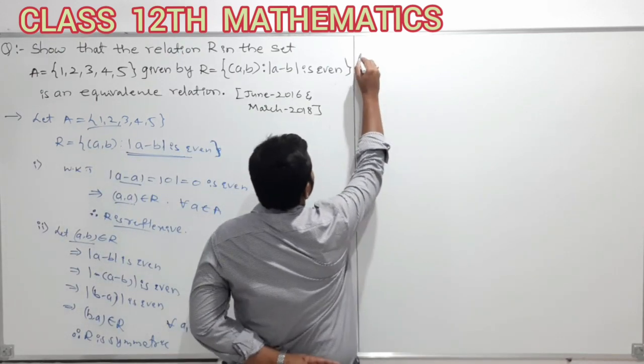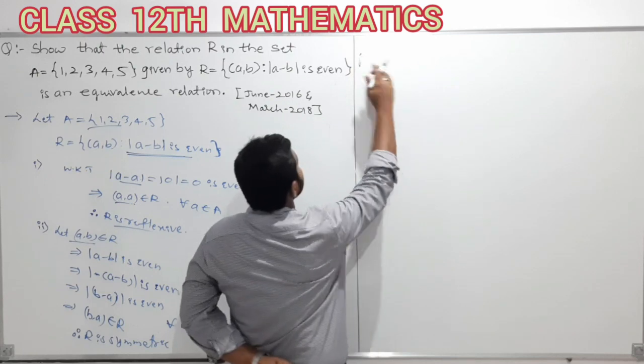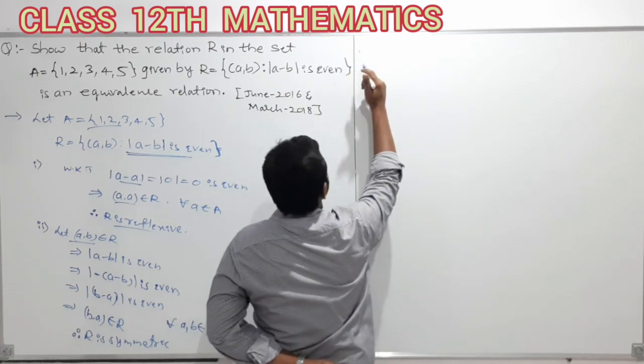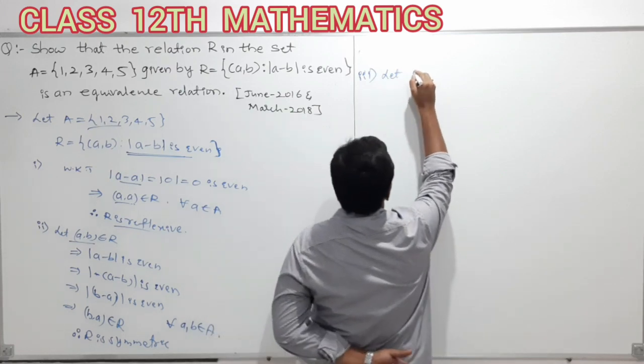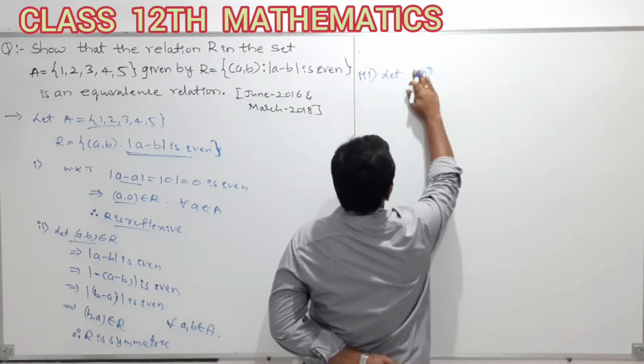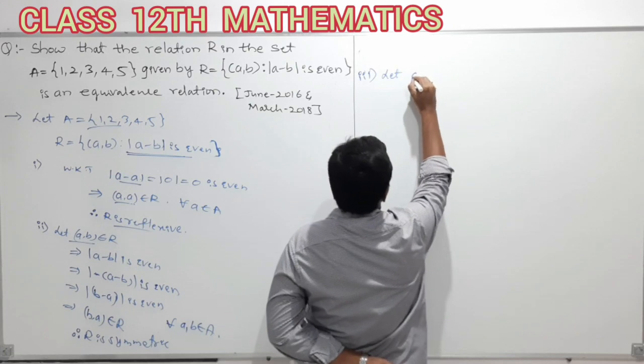And next, third one. So what is the third one, my dear students? We should check transitive. For that, I take two ordered pairs.